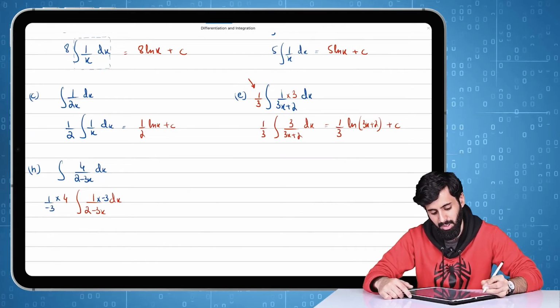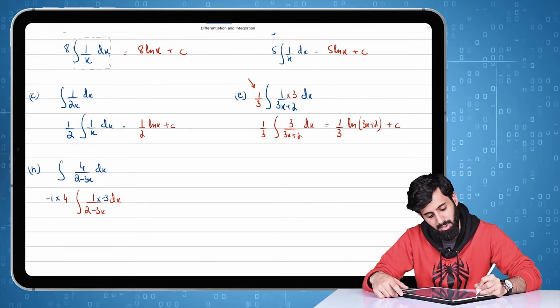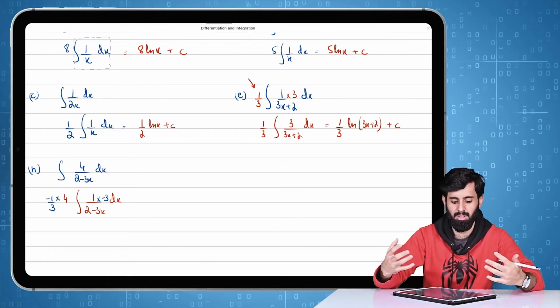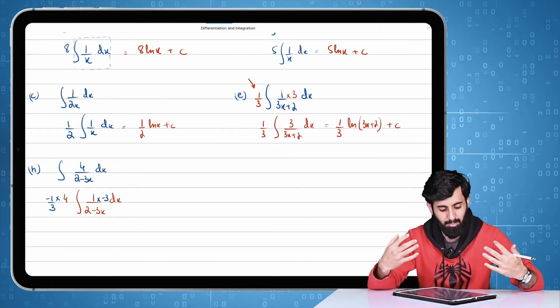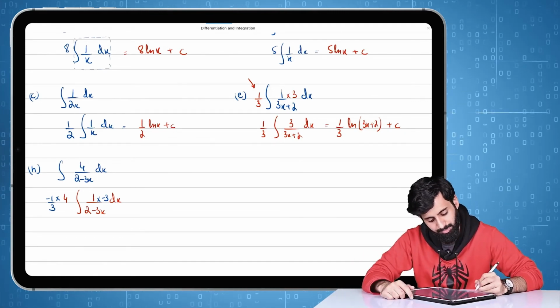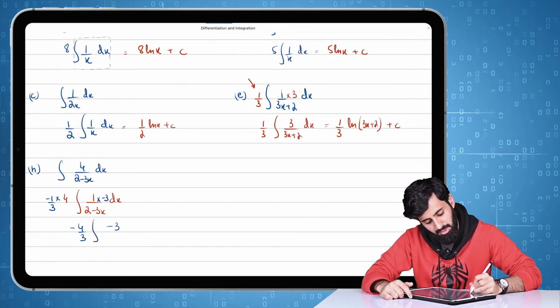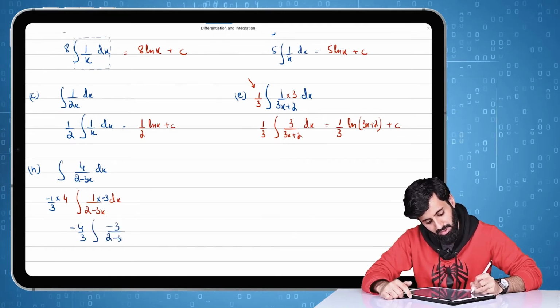Either you can multiply it by 1 upon minus 3, but a nicer way of writing this would be multiplying it by minus 1 upon 3. Since minus is a sign, it's always good to have it in the numerator only, but not in the denominator. So what you're looking at is minus 4 upon 3 times the integral of minus 3 over 2 minus 3x dx.